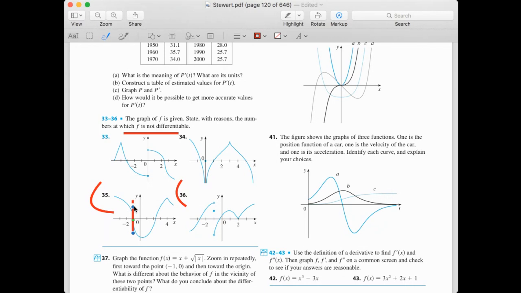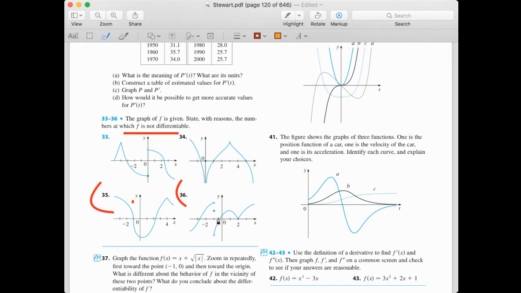We know the slope of a vertical line is undefined. So -1 is not differentiable. And what about this? At 4, it's a cusp, it's a corner. So this one is not differentiable.